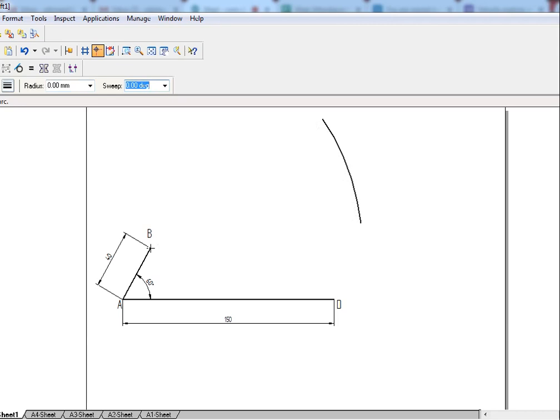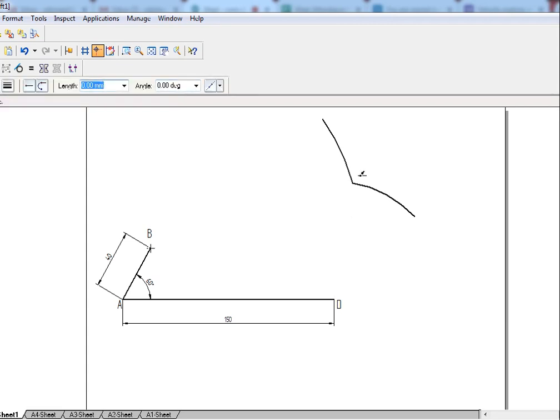Then in the same manner, from the point D, I have to take the point C, which has the dimension of 80. So I'll take 80 and then take an arc from this side. Then this is the intersection point.